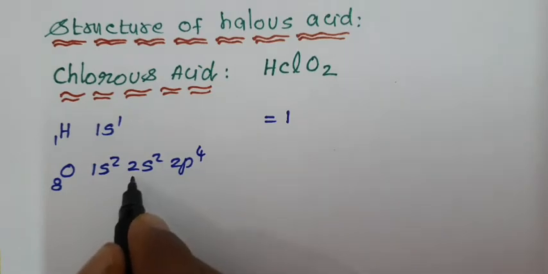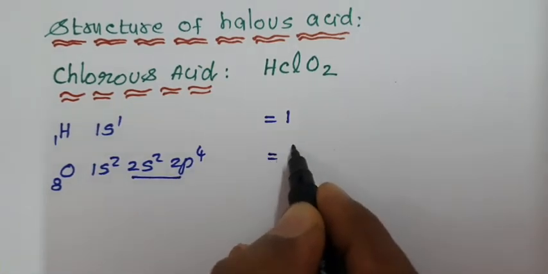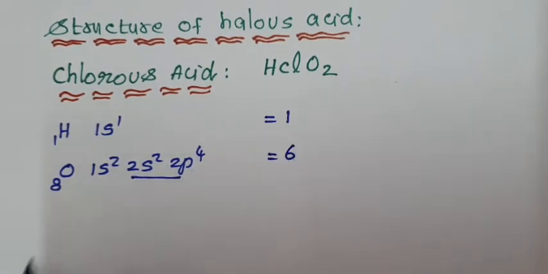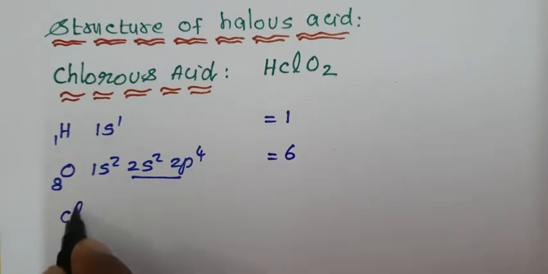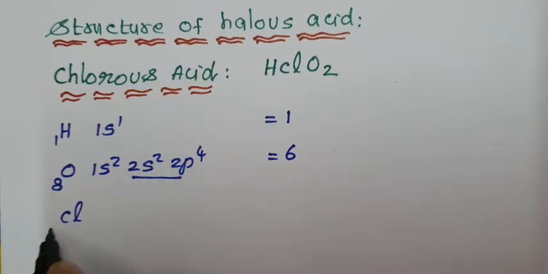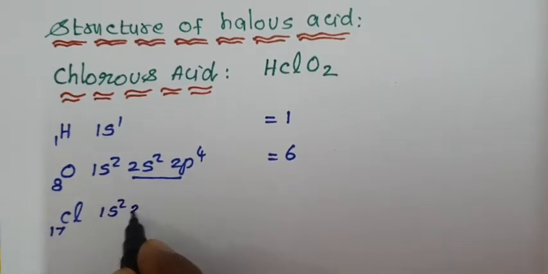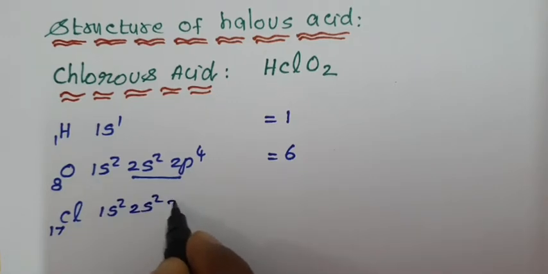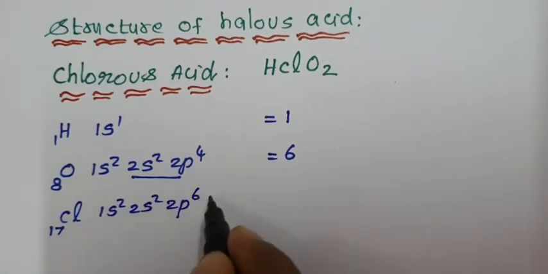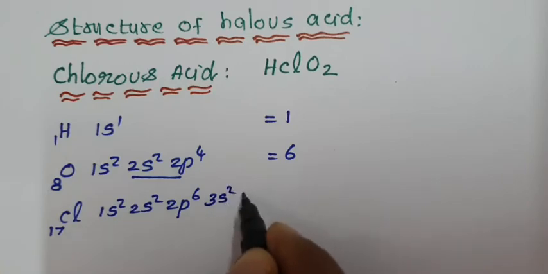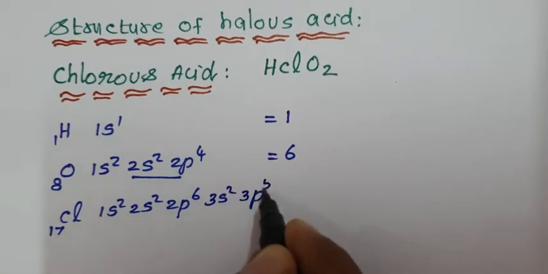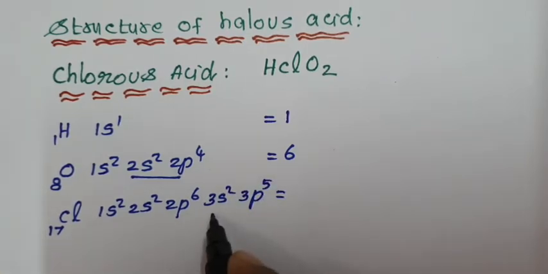The valence shell contains how many electrons? 6 electrons. And chlorine, Cl, atomic number 17, electronic configuration 1s2, 2s2, 2p6, 3s2, 3p5. The number of valence electrons in chlorine equals 7.